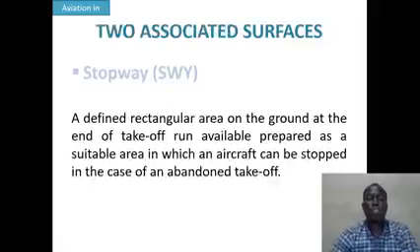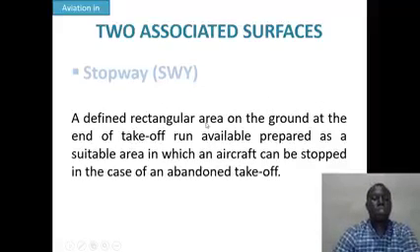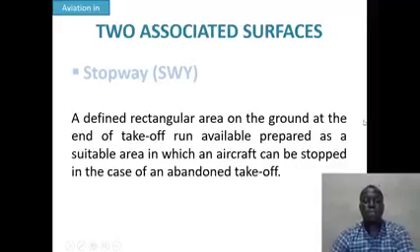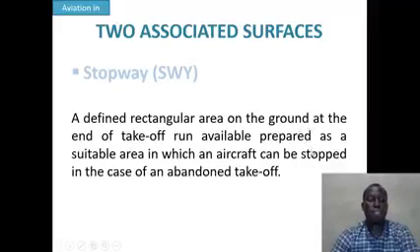So before going into details on these four distances, let's have a look at two associated surfaces, the stopway and the clearway. These are used to calculate the ASDA and the TODA, so we'll see it further in this presentation.